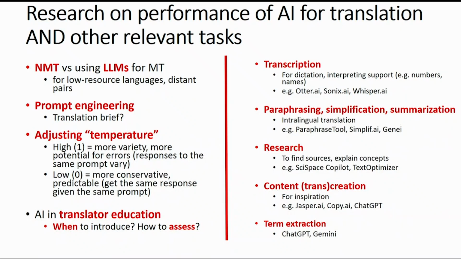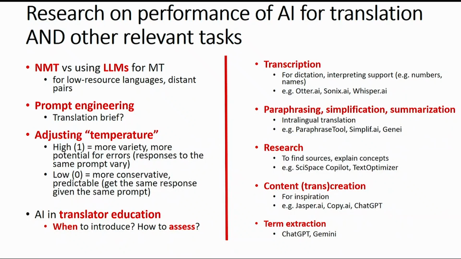And then for content creation or transcreation, potentially, we mentioned the possibility of using tools for inspiration, so we don't need to faithfully copy down the answer that they give us, but they might inspire us to think in ways that we wouldn't have come up with on our own. So again, what is the potential there?